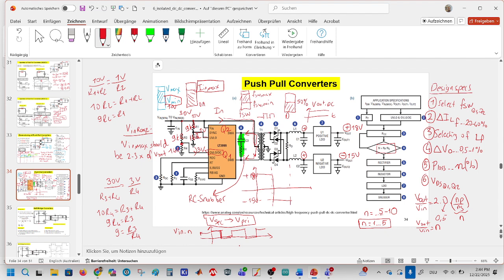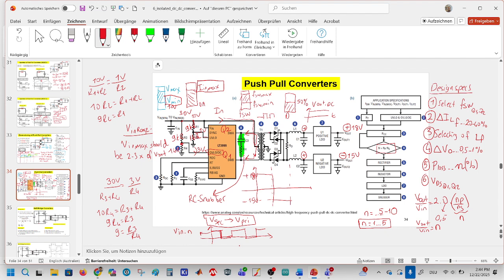What else can we add to this DC-DC converter? These are for frequency. You can change the frequency of the controller just by changing this resistance, for example. We should look at the technical report of the controller.